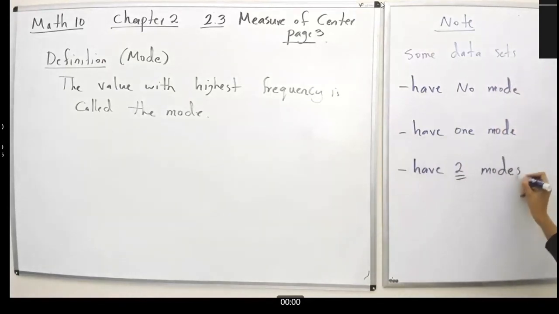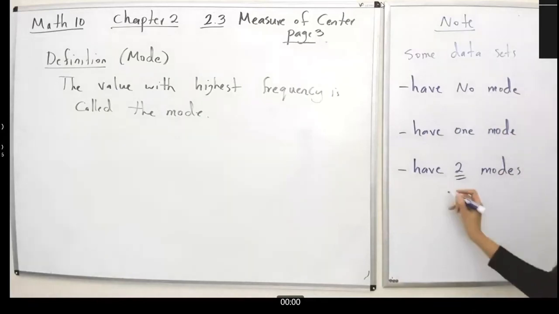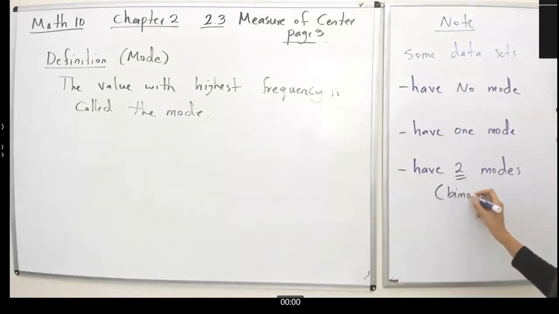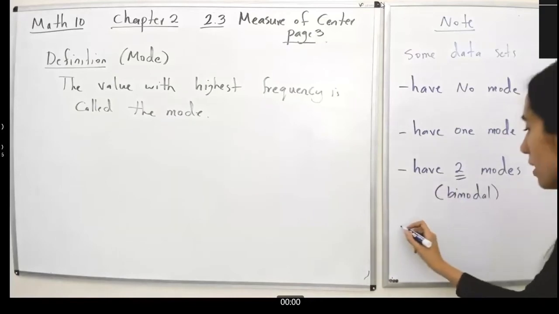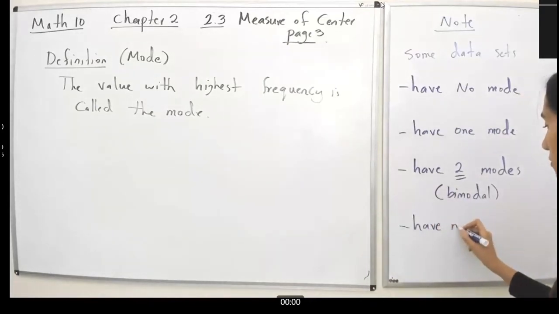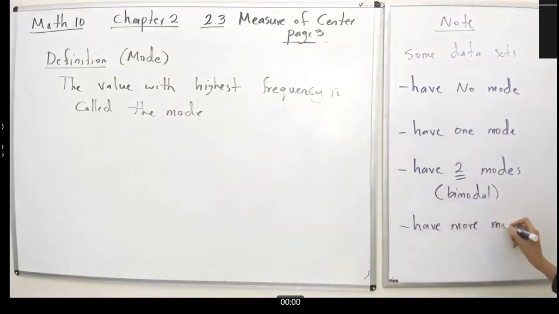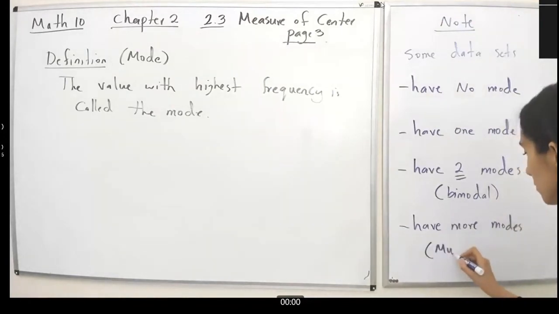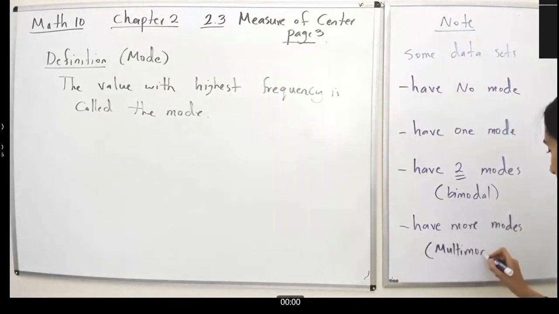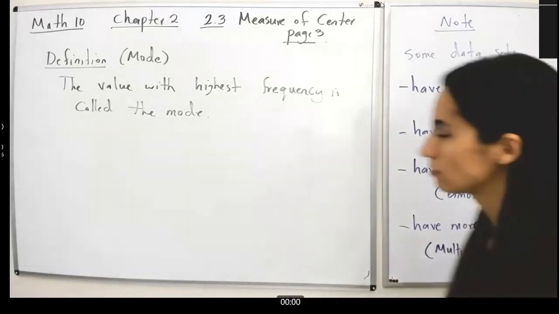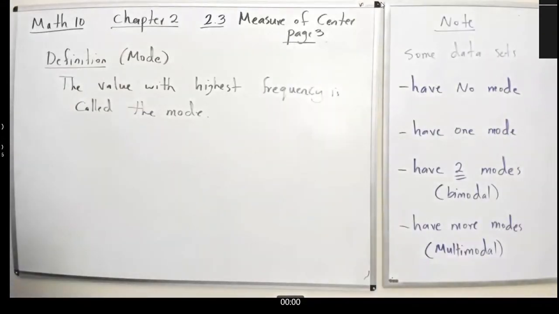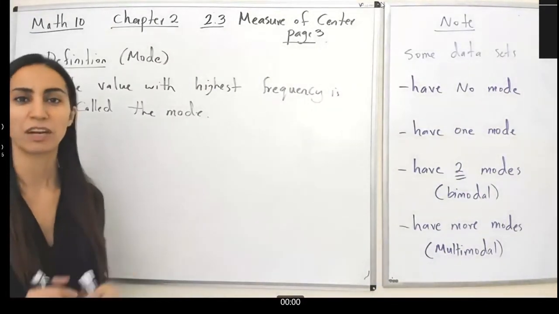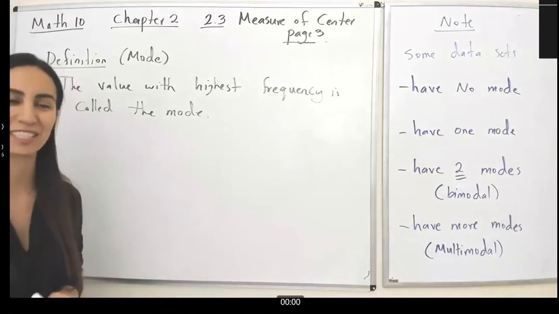In this case, we call them a bimodal set, bimodal. Or they have more modes, more than two modes. In this case, we call them multimodal. There you go. So let's check our example.